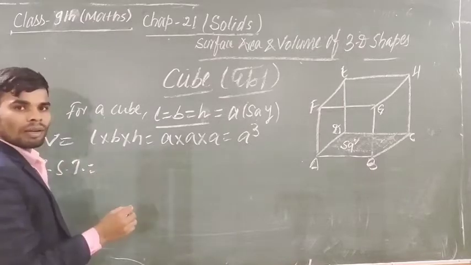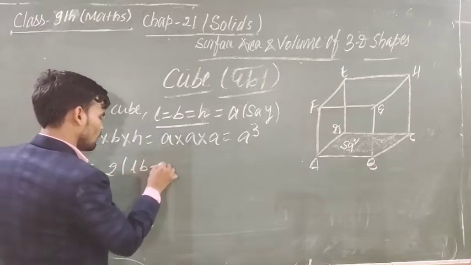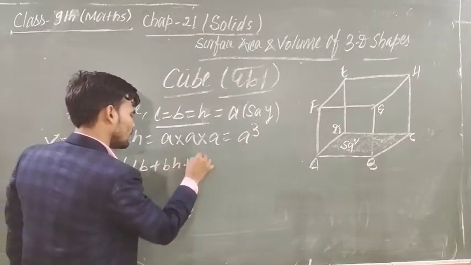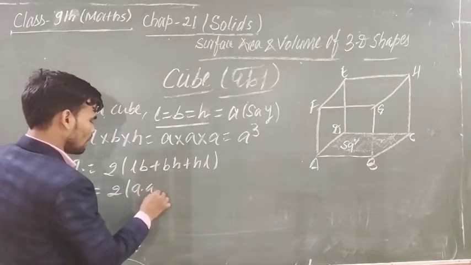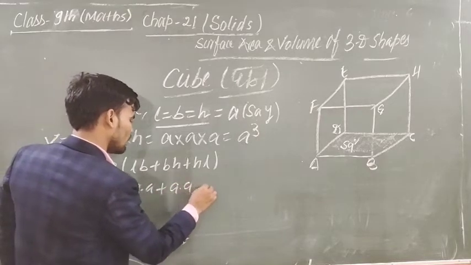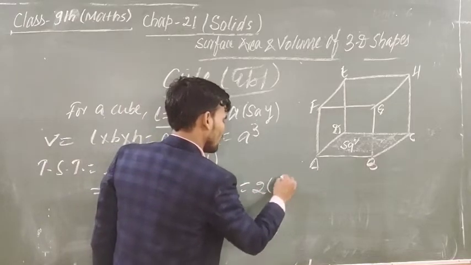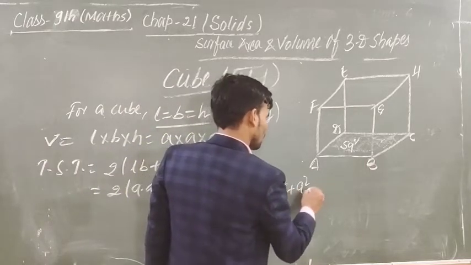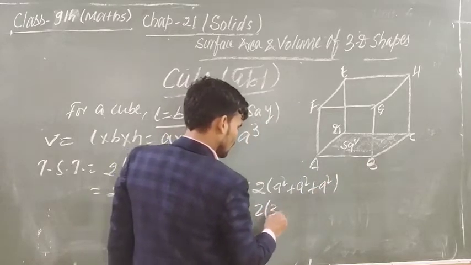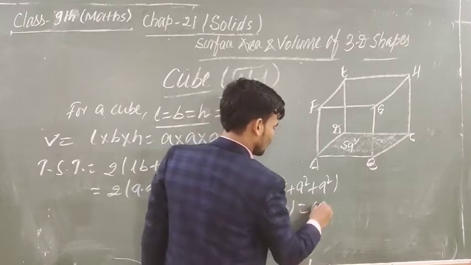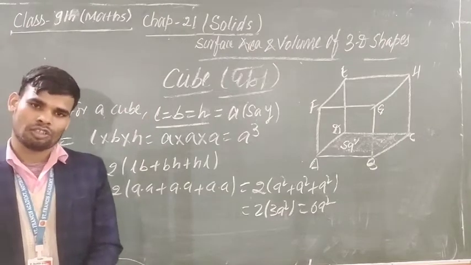The total surface area we have already proved for the cuboid: 2 into L into B plus B into H plus H into L. So it will be 2 into A into A plus A into A plus A into A. So it will be 2 into A square plus A square plus A square, and it will be 2 into 3A square, and it will be equal to 6A square. This is the formula for evaluating the total surface area of a cube.